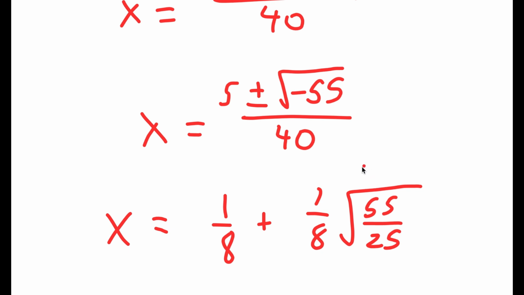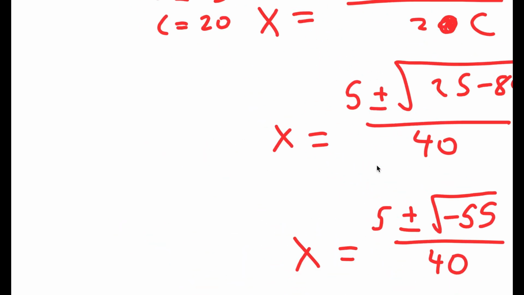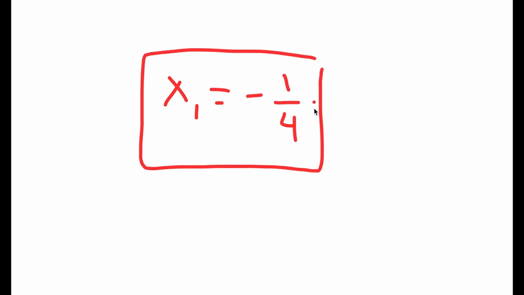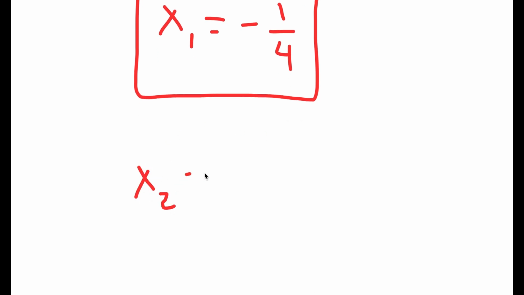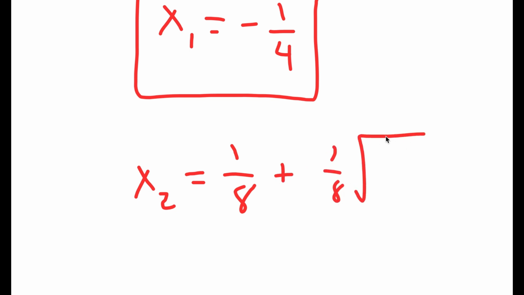So my two solutions to this equation: I have one real solution, which is negative 1 over 4, and one imaginary solution, which is 1 over 8 plus i over 8 times the square root of 55 over 25.